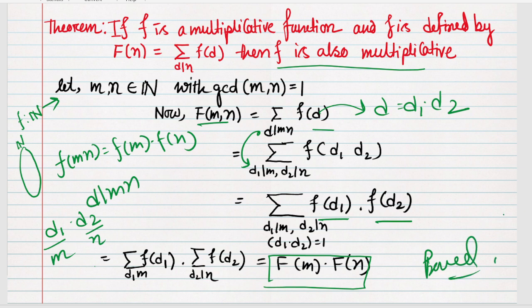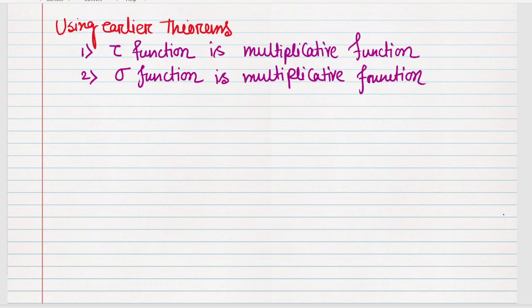So in our next statement, using the last theorem, we show that tau is a multiplicative function and sigma is a multiplicative function. What do we know about a multiplicative function? A multiplicative function is also an arithmetic function.